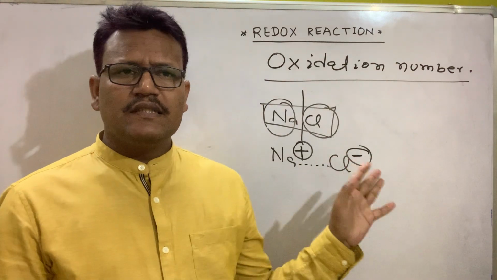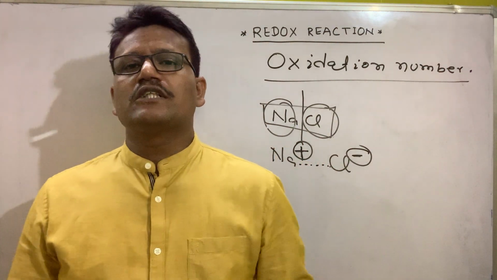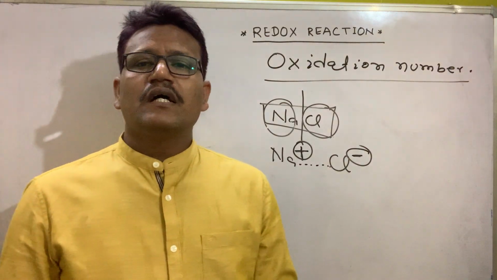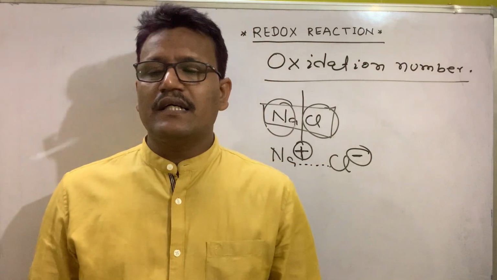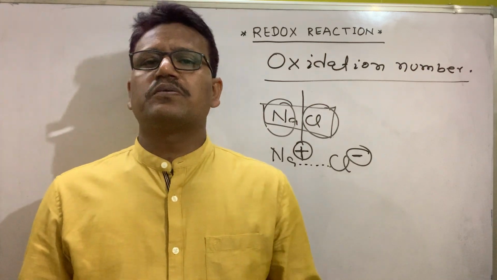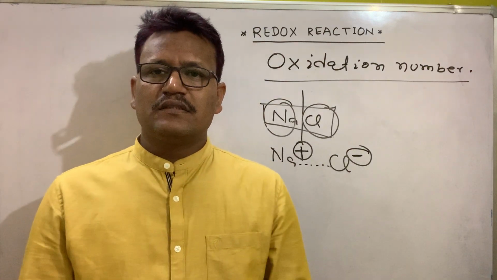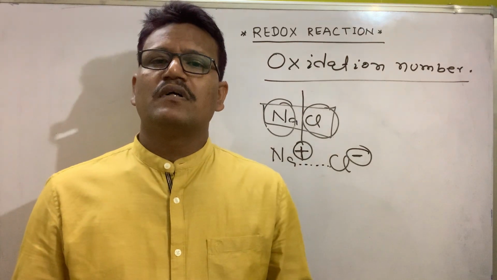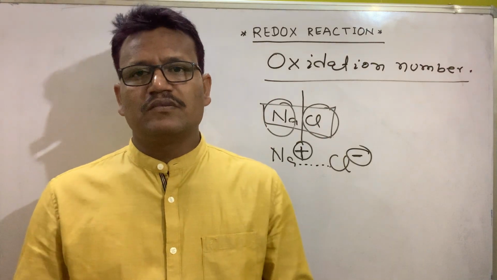So in this case complete transfer of electron takes place, but we have many compounds which are not ionic in nature, they are covalent in nature, and there would not be complete transfer of electron. There has to be sharing of electrons between two atoms to form a covalent bond or covalent compound.